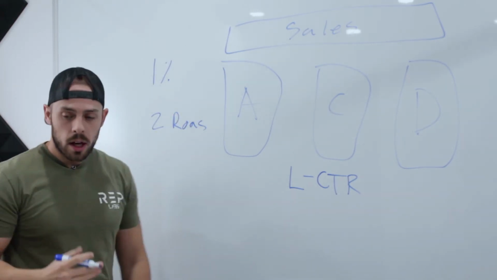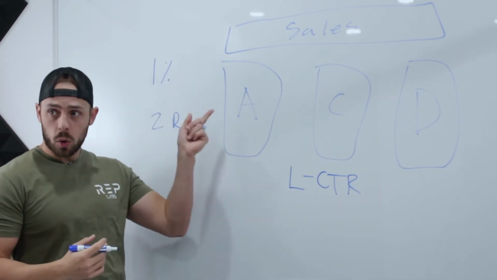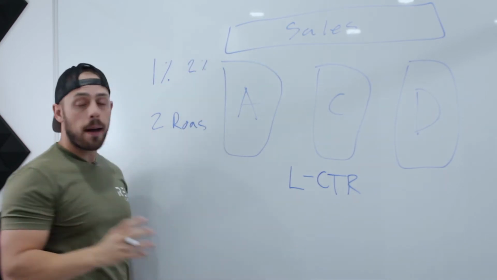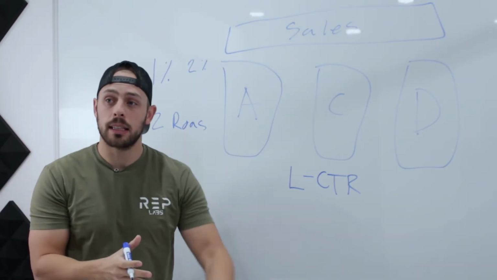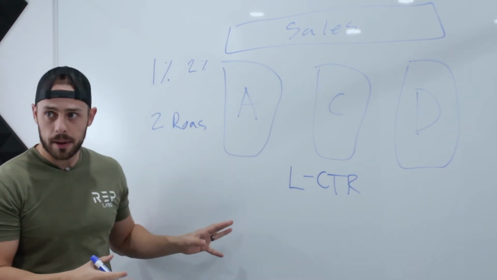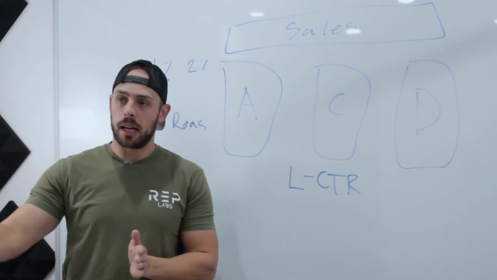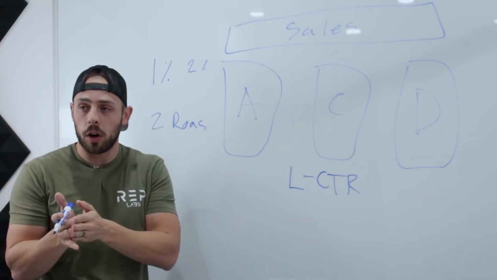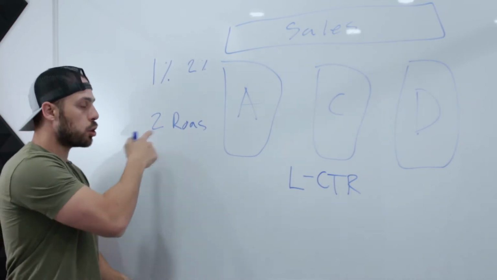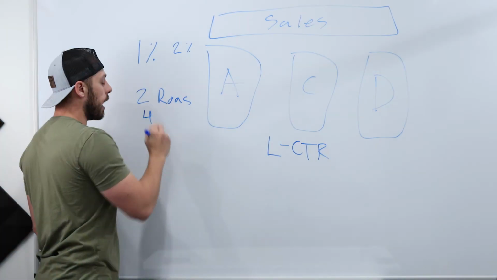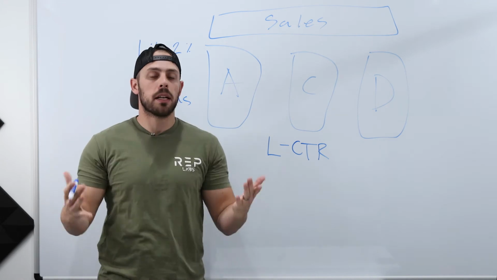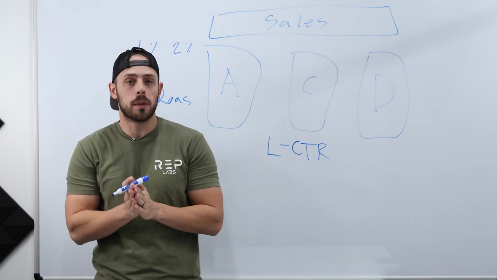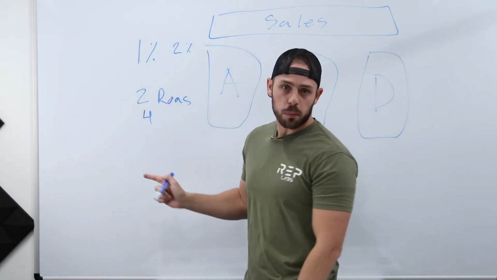Now, if you can double your link click-through rate to 2%, that means for the same price that you're paying to get your ads in front of people, just like with CPMs, you're now getting twice as many people to your website. So for the same price, twice as many people are seeing your offer, seeing your product. And if you're getting a 2 ROAS, that's going to turn into a 4 ROAS, because you're now getting twice as many people to your website at the same cost. So now twice as many people have an opportunity to buy your product.